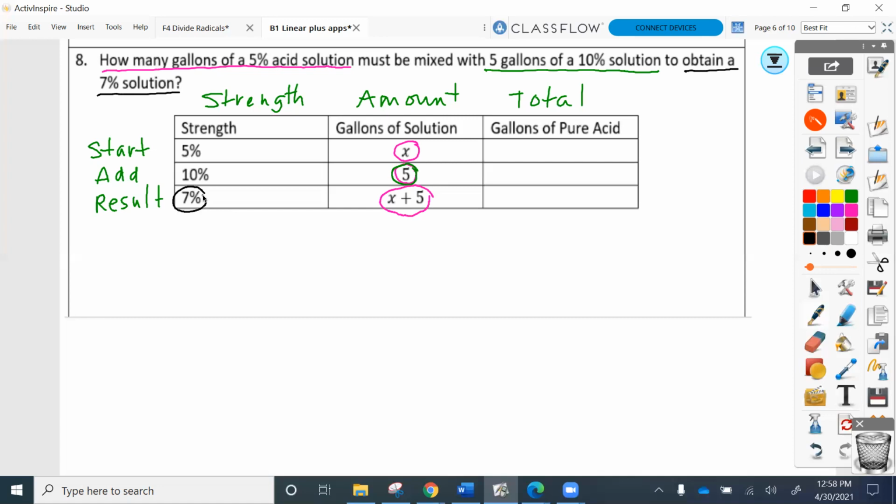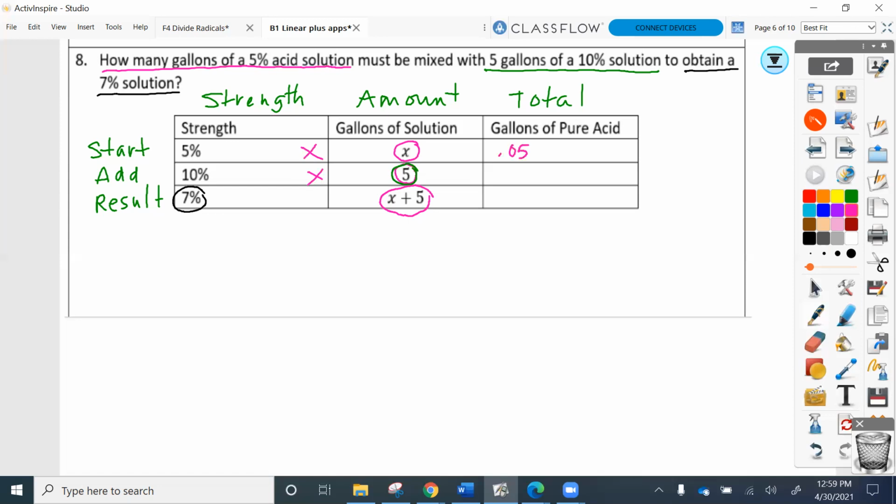So if you know how to fill in the table here, the actual work is pretty simple, because like the distance, rate, and time, the strength times the gallons of solution would be the gallons of pure acid, right? So if you multiply these, you'd get 0.05.